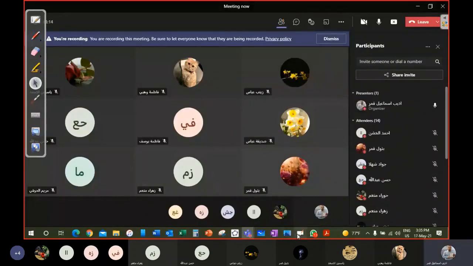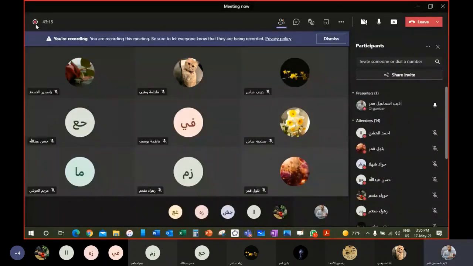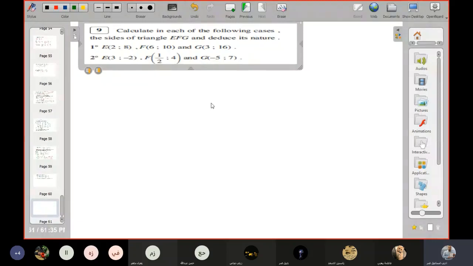Now how to find the nature of this triangle? To find the nature we should work some algebra. To find the nature of any triangle, the simplest thing is to have the measure of what? Of the sides.